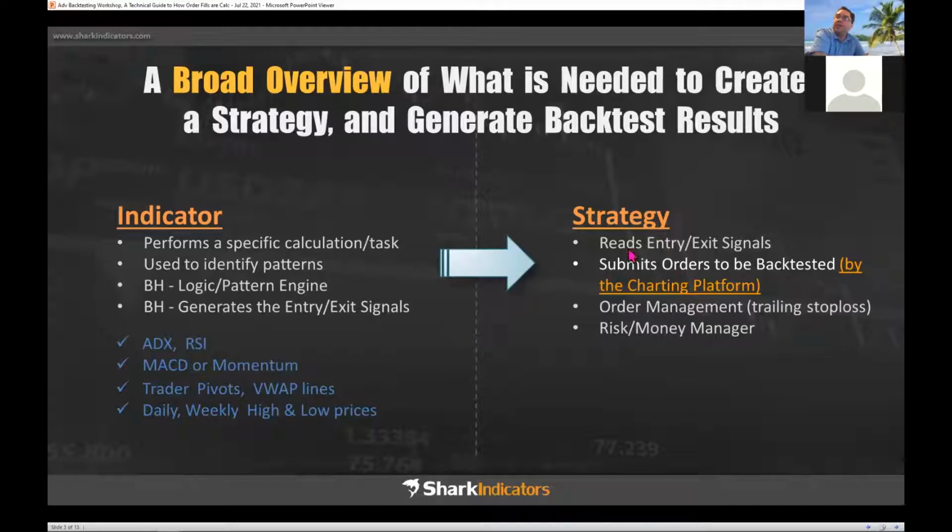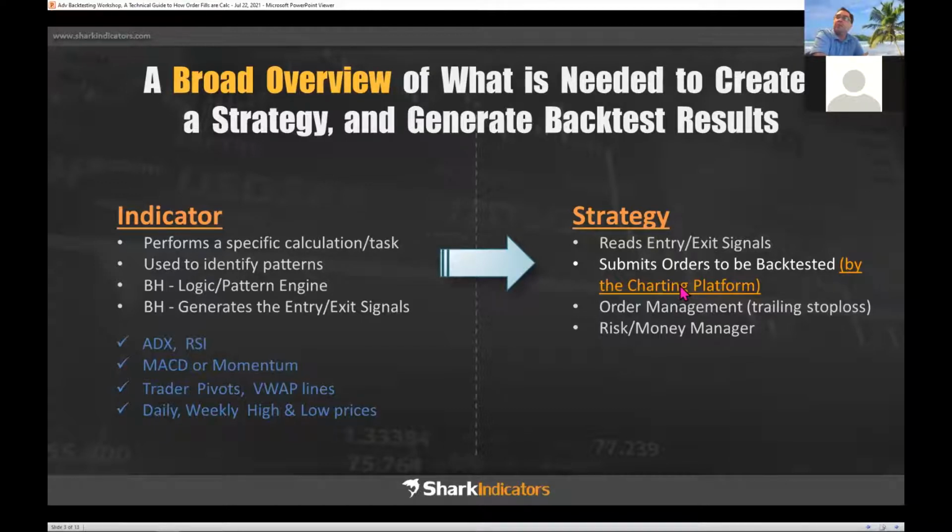So all the strategy does is say, hey, buy 10 contracts at this price, and it submits that to the charting platform. And the platform goes, okay, you want to buy at this price. So the charting platform knows your entry price, and if your strategy submits a target or a stop loss, then the charting platform is going to know if that target or stop loss was hit, right?